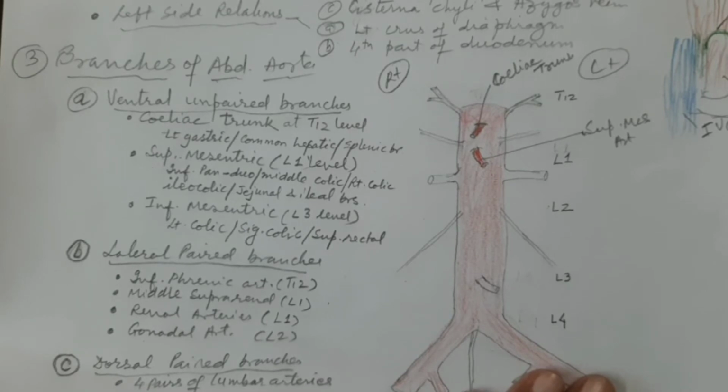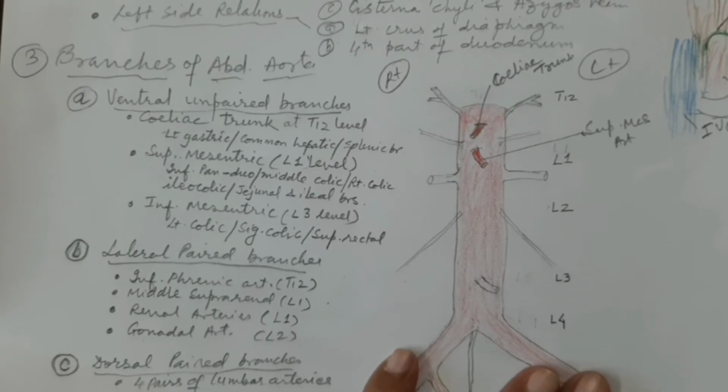From where to where will this superior mesenteric artery supply? Through the inferior pancreaticoduodenal, it will supply the lower half of the second part of the duodenum, the third part, the fourth part, then the jejunum, the ileum, and the cecum.